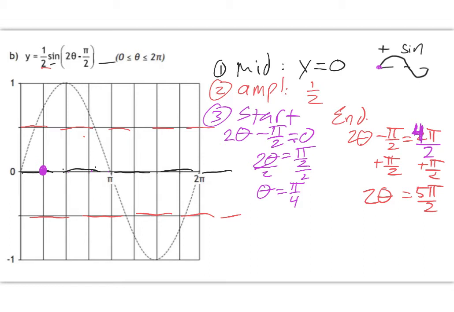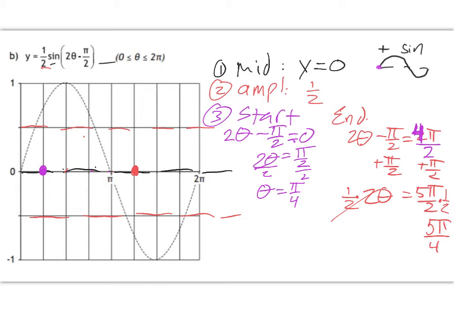Okay, 5 pi over 2. Now I've got to divide by 2 or multiply by a half, which actually I find a lot easier. And 5 times 1 over 2 times 2, we get 5 pi over 4. 1, 2, 3, 4 is going to get me to 5 pi over 4.